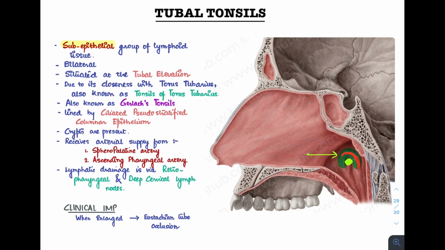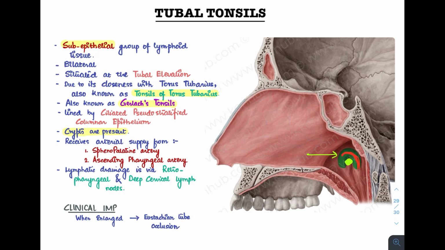Since it is very close to the torus tubarius, it is also known as the tonsil of the torus tubarius. It also has another name, Gerlach's tonsil. It is lined by the nasopharyngeal epithelium, which is basically ciliated pseudostratified columnar epithelium. Crypts are seen here as well.